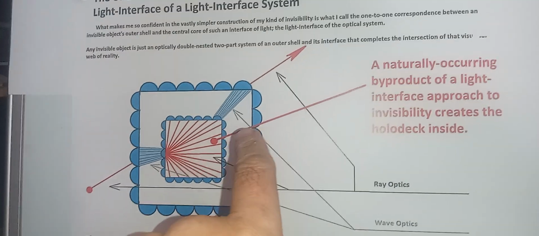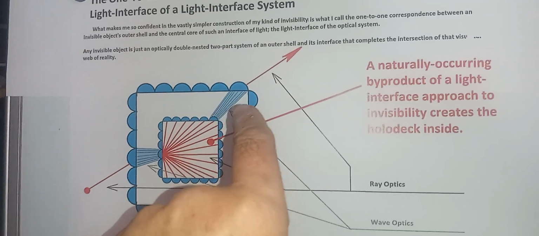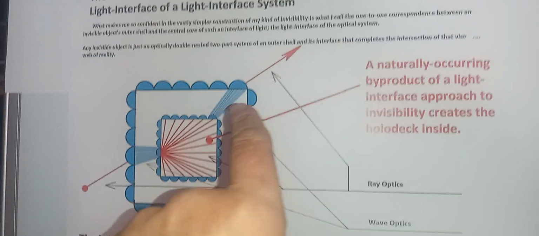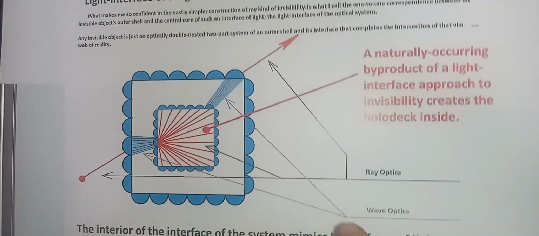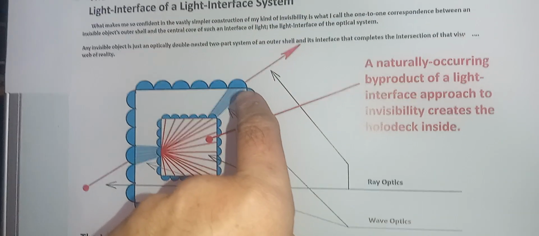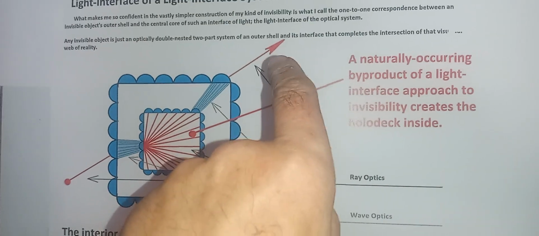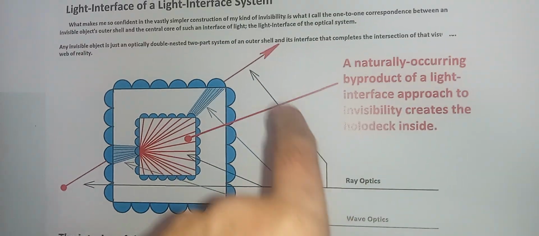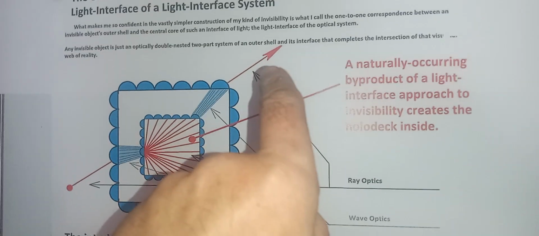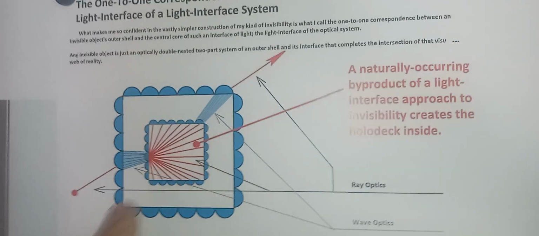But as it makes its way to the other medium, whatever that might be, it goes in wave form. And then as it exits the three-dimensional picture element, it returns back to a ray again in geometric optics.